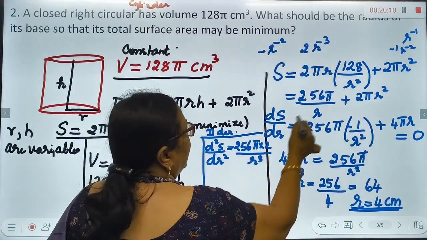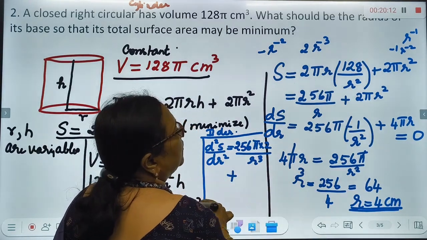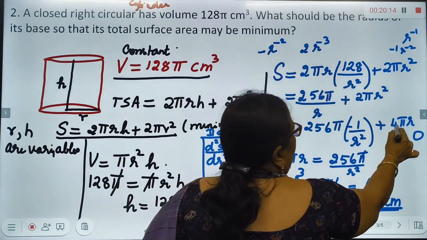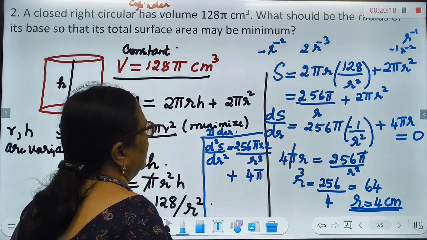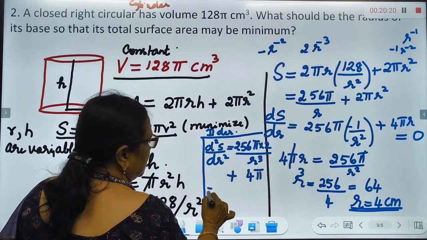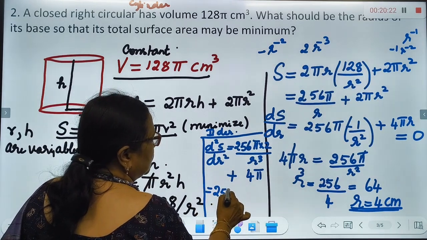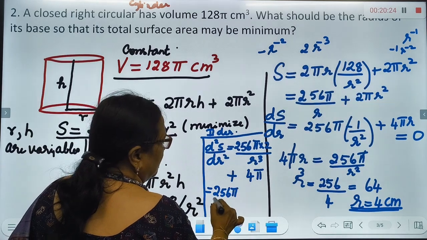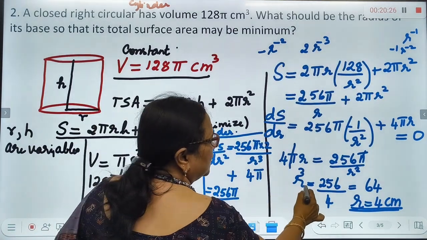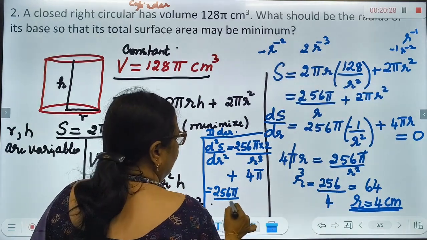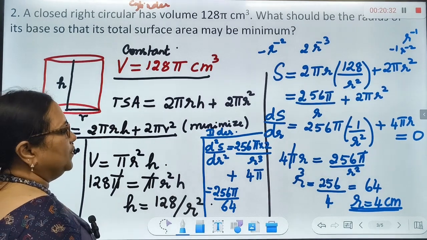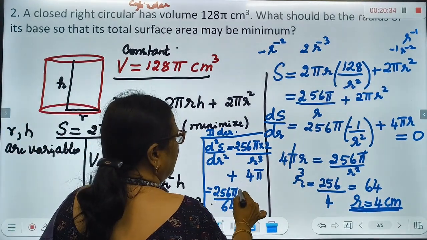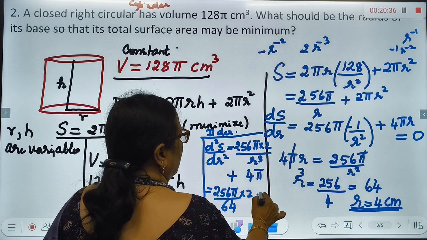Then the derivative of the next one will be what? 4 pi r. If I differentiate, I'll get 4 pi. Okay. Now, this is 256 pi by, what is r cube? r cube is 64. 256 pi into 2 plus 4 pi.